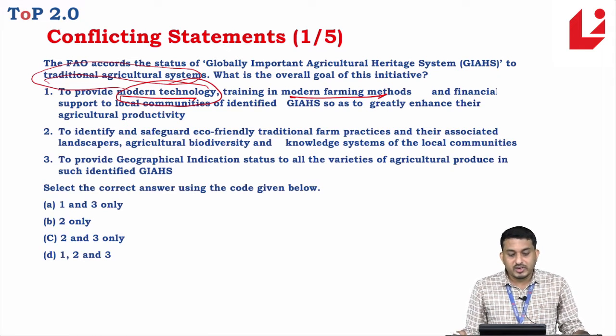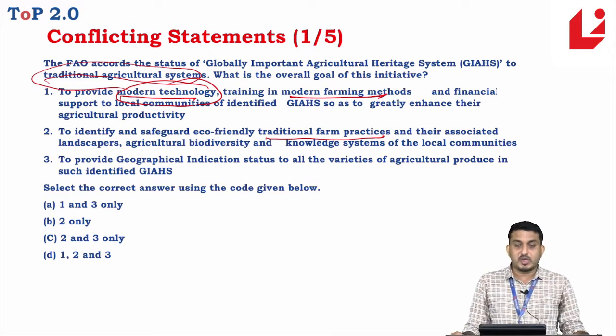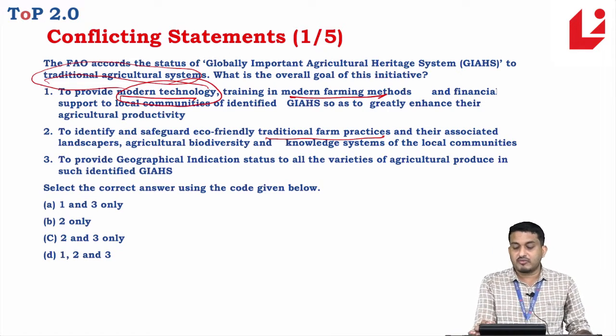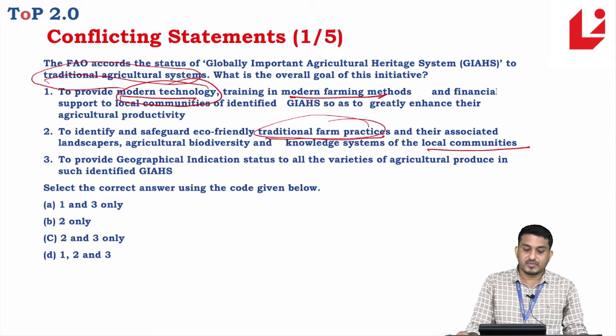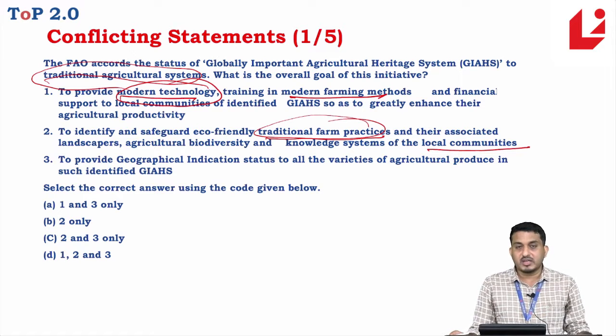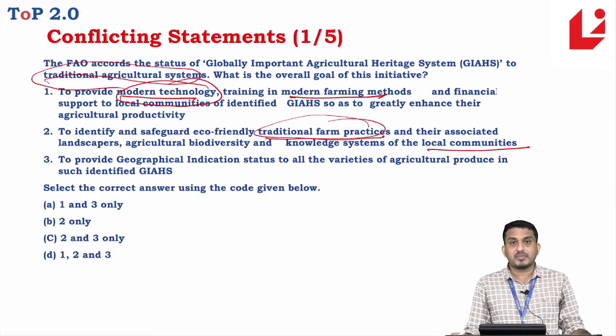Now if you read statement 2: to identify and safeguard eco-friendly traditional farm practices and their associated landscapes, agricultural biodiversity and knowledge systems of local communities. Traditional farm practice. Question talks about what? Agricultural heritage system. Heritage, traditional agricultural system. So there is every possibility that statement 2 can be correct.